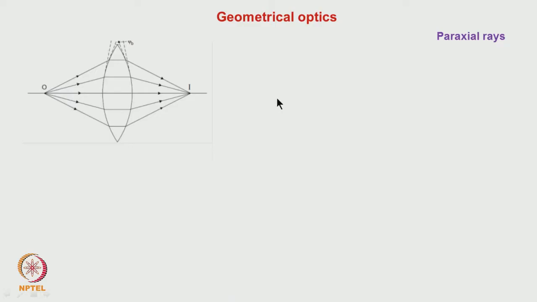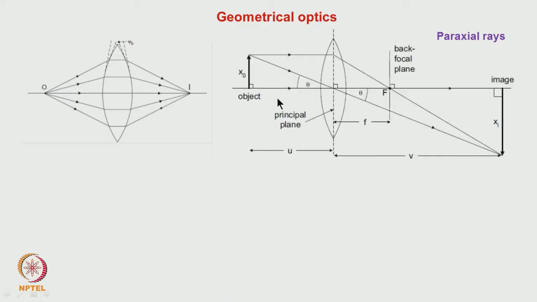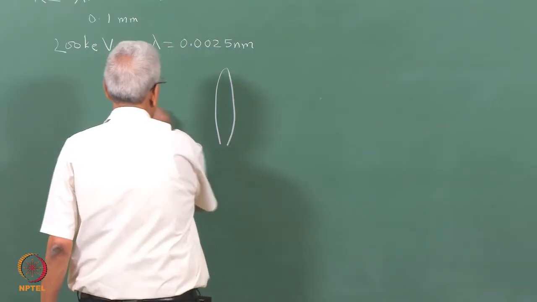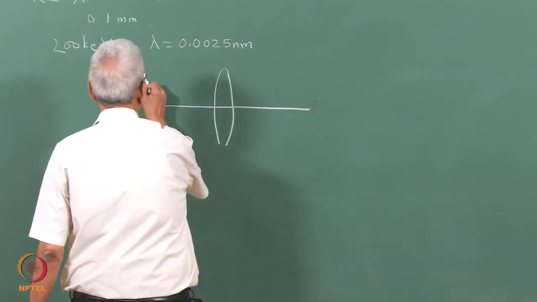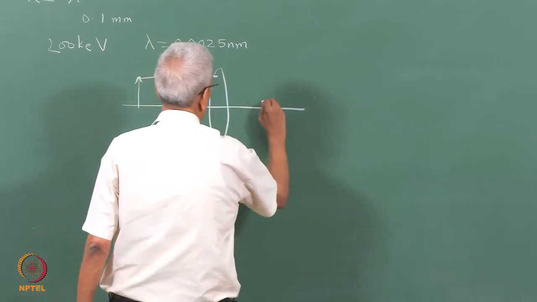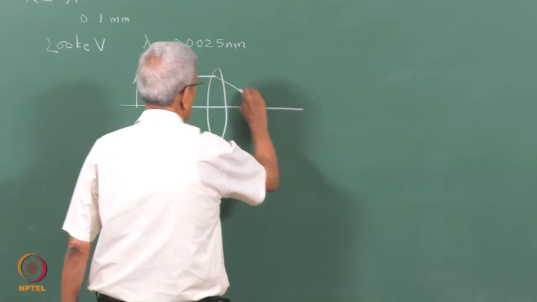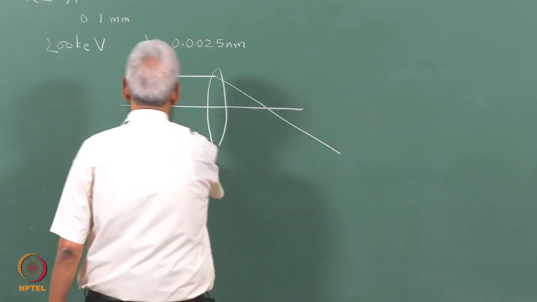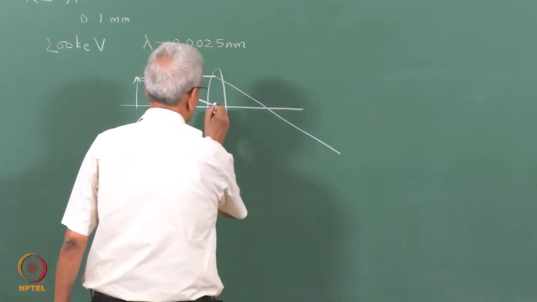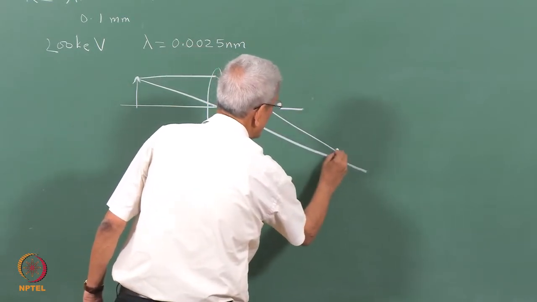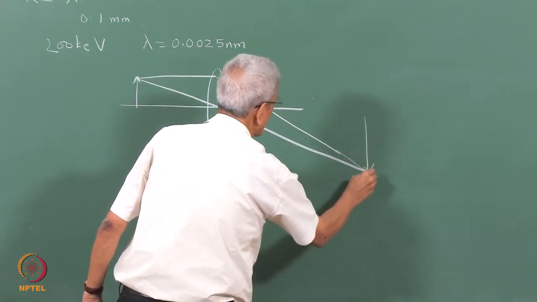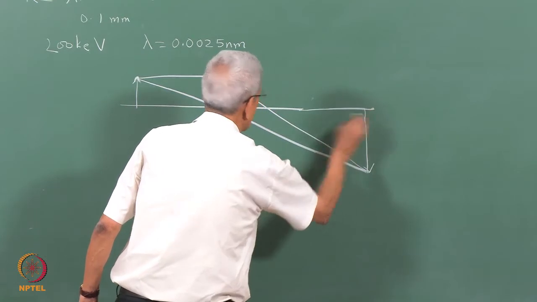In 10th or 11th standard, everybody has studied geometrical optics, and in this we consider that if a lens is there and we have an object kept along the optic axis, then we know that the rays which are parallel to the optic axis go through the focus, and the ray which passes through the center of the lens, the place where they meet, this is where the image comes.